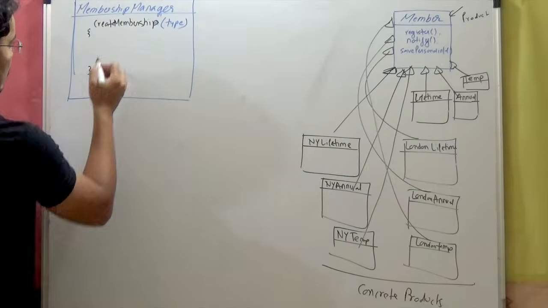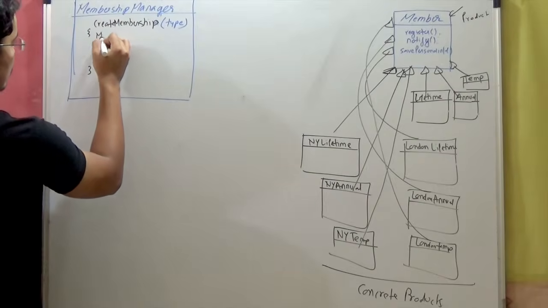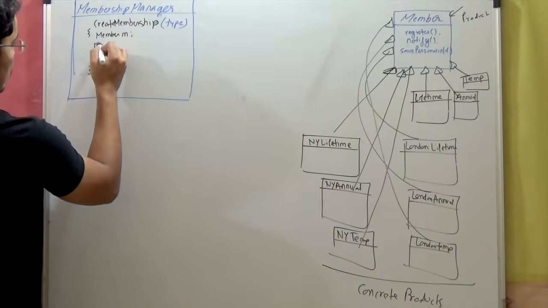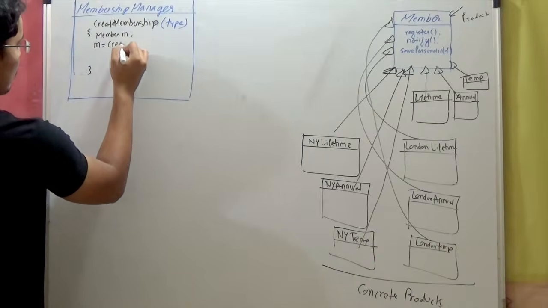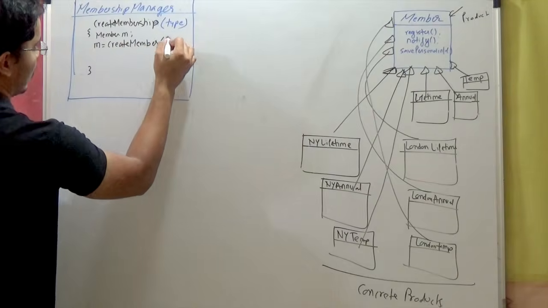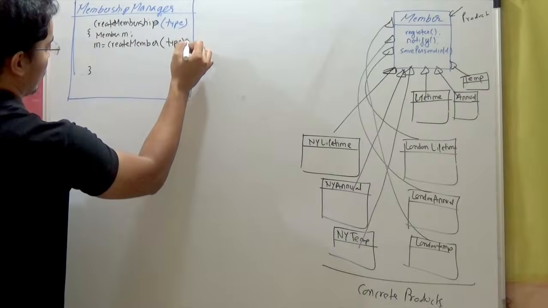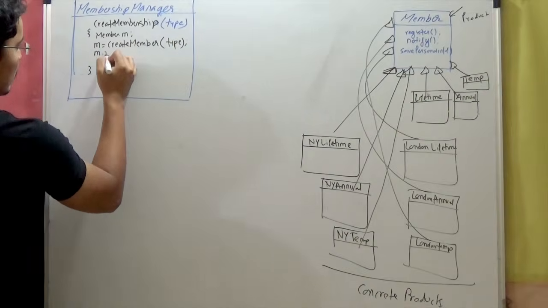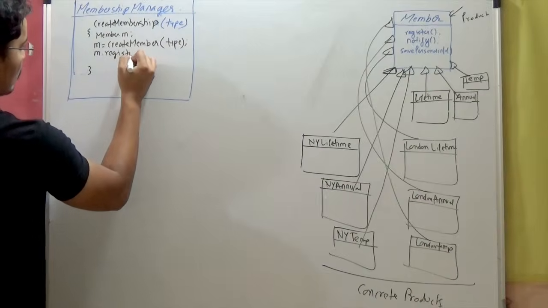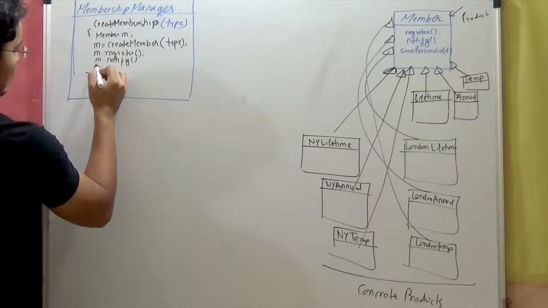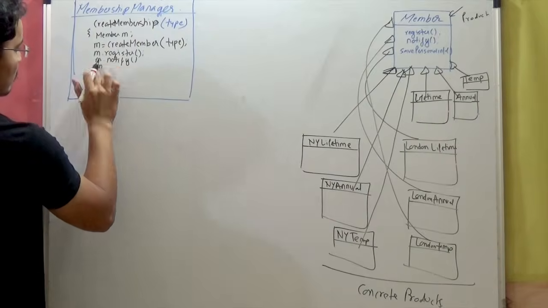So it will have one member, m equal to create member. So this will be a factory method which will require type, right? And then m dot register, m dot notify, and let's say m dot personal info, whatever, right?